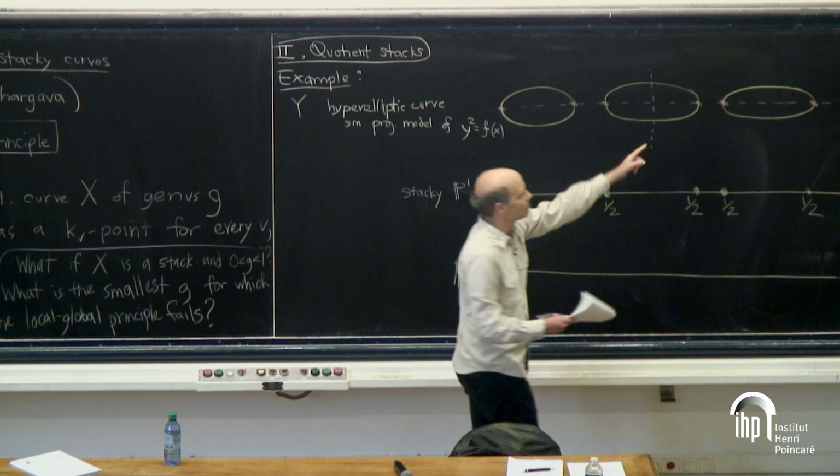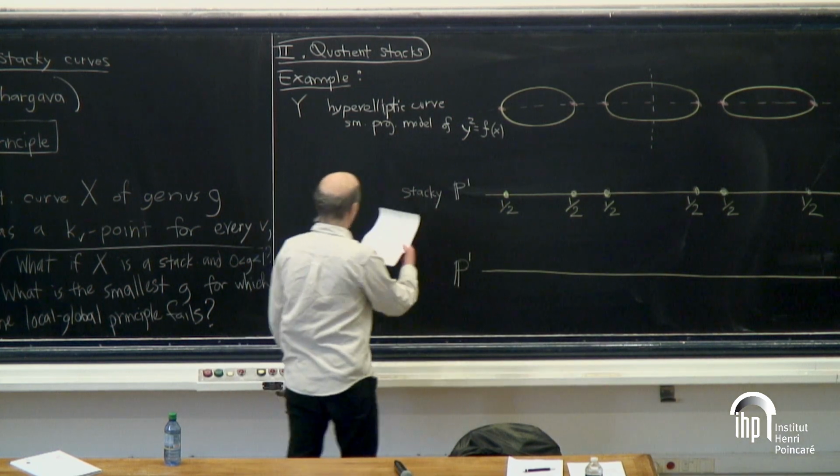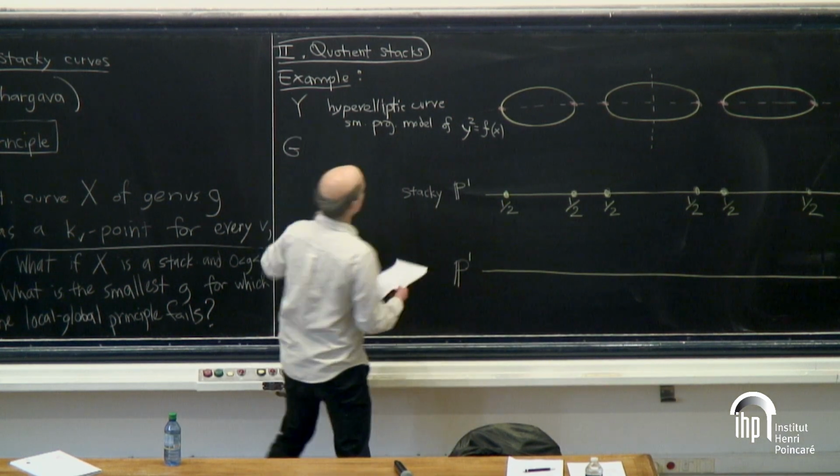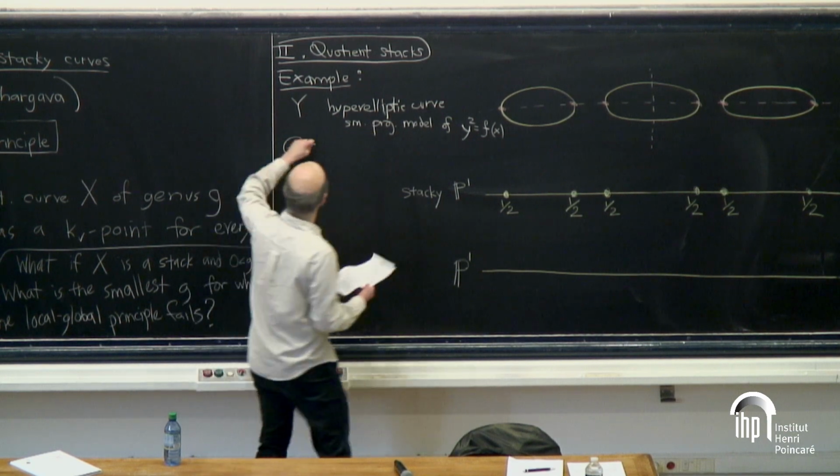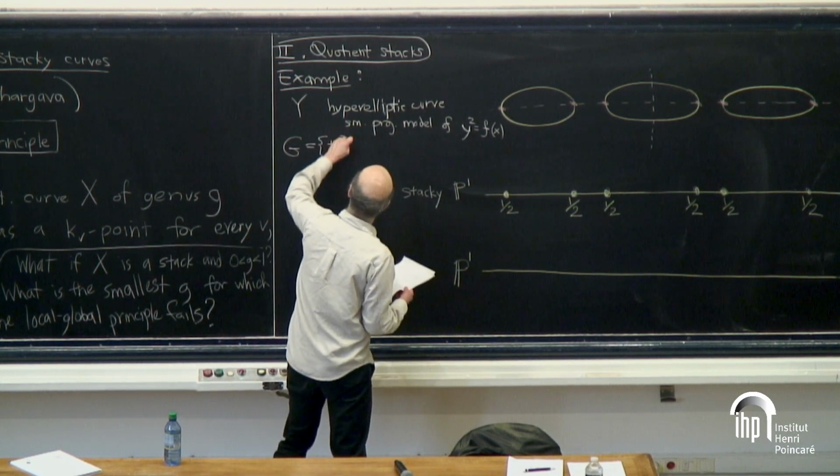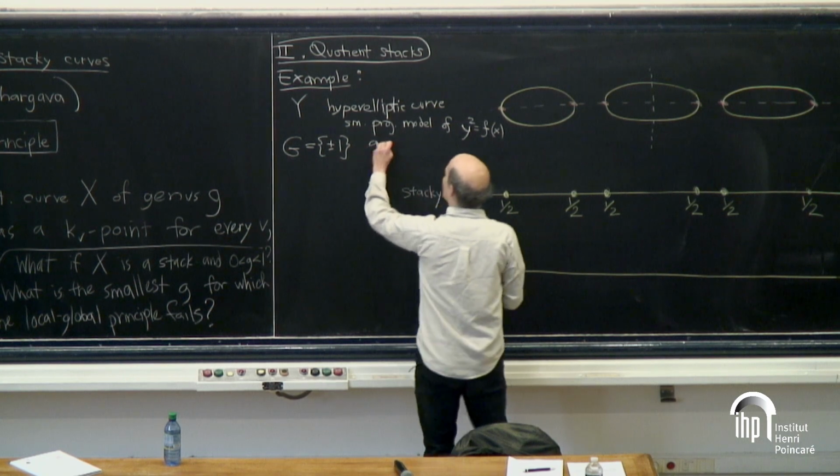The real points might look something like this yellow curve. It has the hyperelliptic involution acting on it, so there's a group of order 2 acting on y.